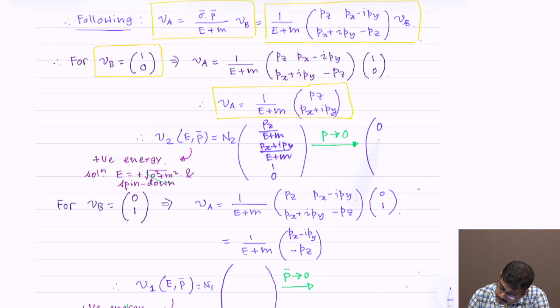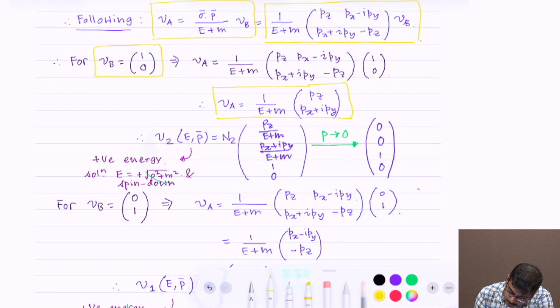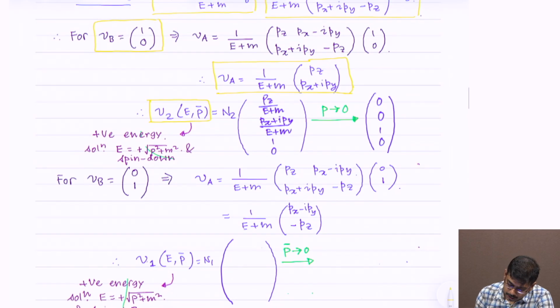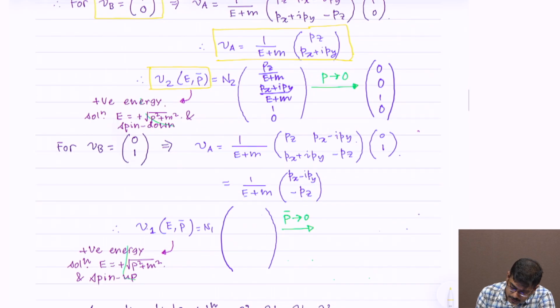This is 0, 0, 1 and 0, and I call this solution V2. And once again, from the previous analogy for the zero momentum case, we know that 0 0 1 0 is going to give positive energy solution with E equal to plus square root of p squared plus m squared, and this also corresponds to spin down. Why this is spin down, I am going to come to in a moment.